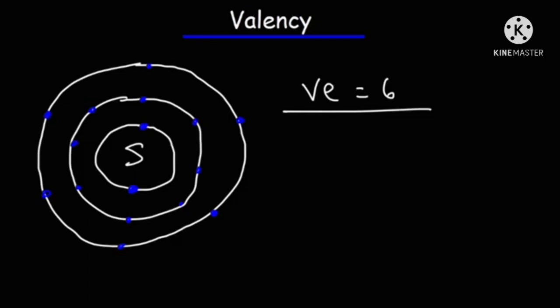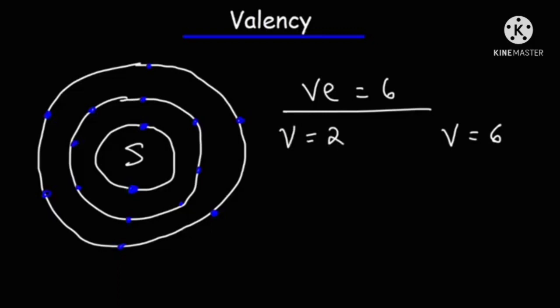So those elements are having variable valency. In this case, if sulfur loses all the 6 electrons in the outermost shell, it definitely gets stabilized. That means its valency becomes 6, when it loses all the 6 electrons in the outermost orbit.